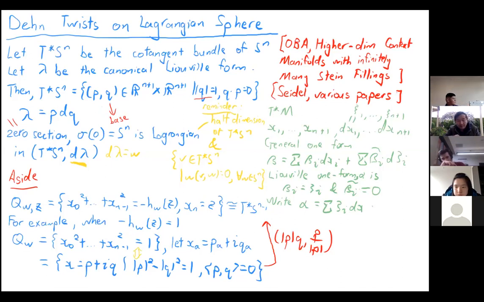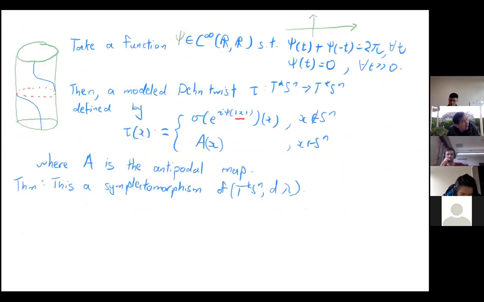If you look at the tau, essentially you can just look at the function which is the norm of the cotangent vector. What do you mean by x not belonging to Sn? Sn is the zero section.